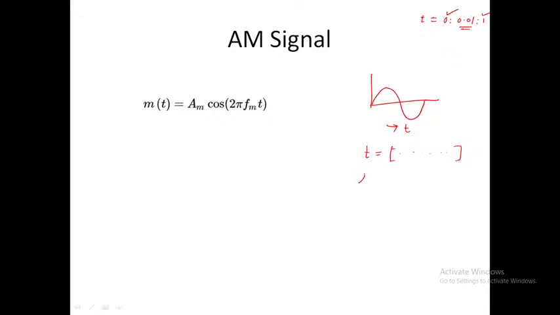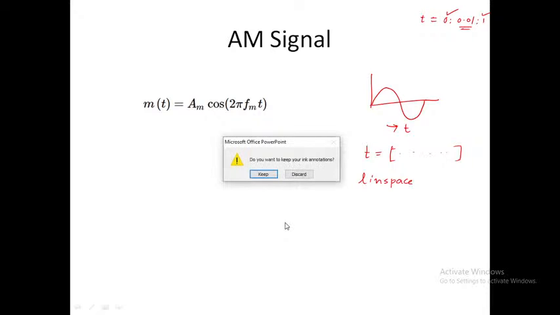In Python, we will be using linspace, but another way. With NumPy, we cannot directly use the linspace command. Before that we will be using np dot, the way we always use.